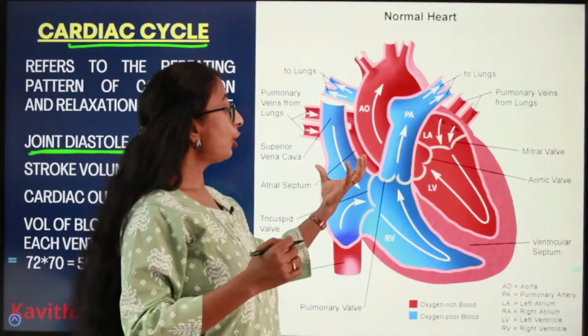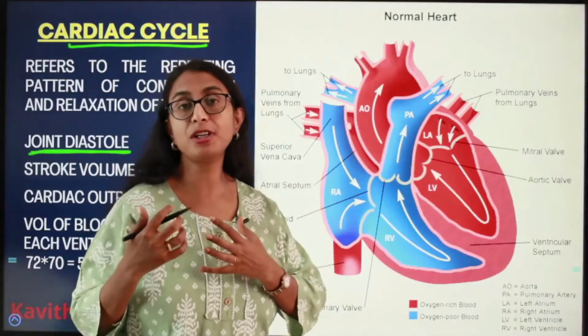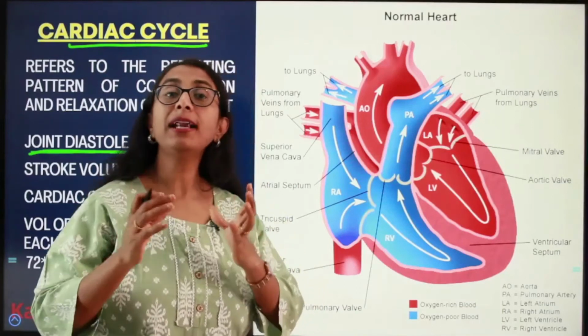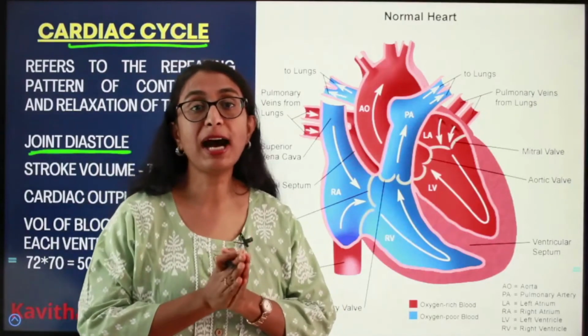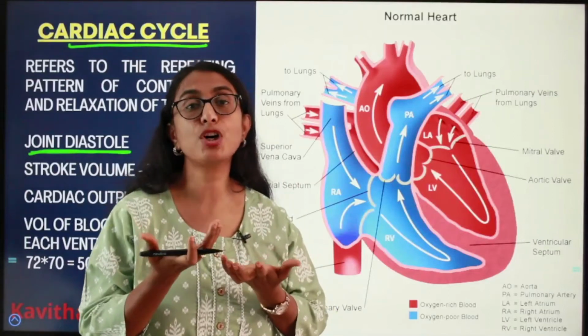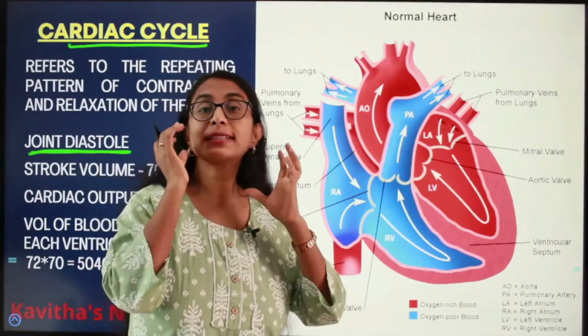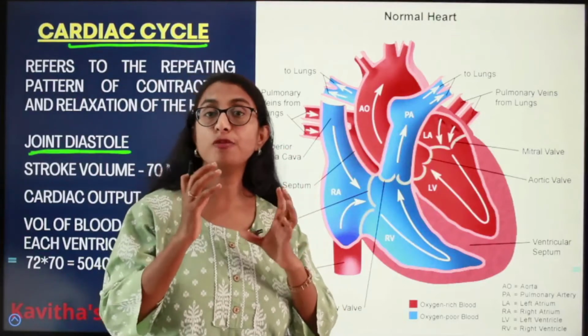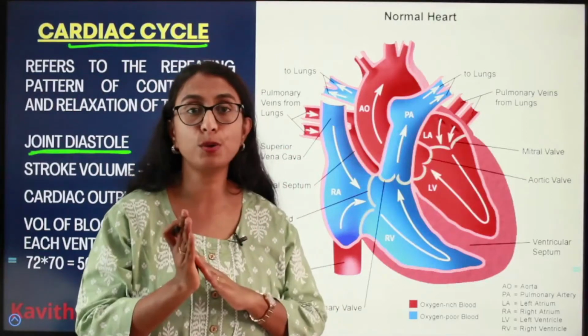This contraction of the atria is called atrial systole. Keep in mind, the contracted state of the chambers is called systole and the relaxed state is called diastole.